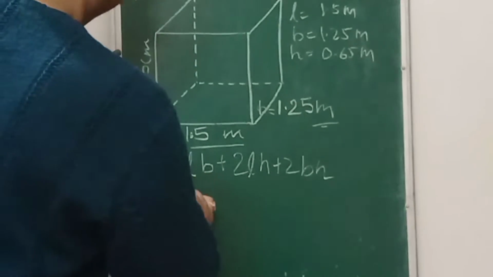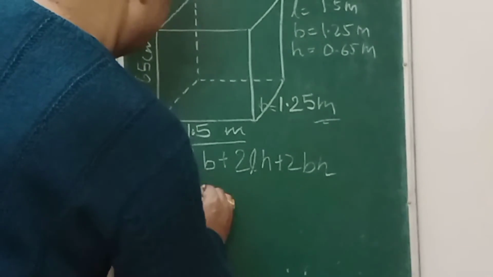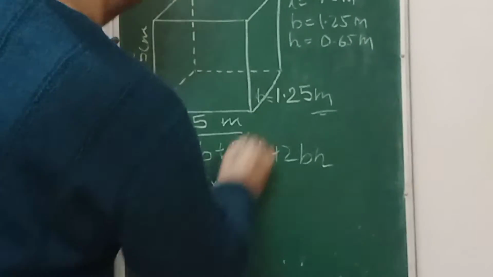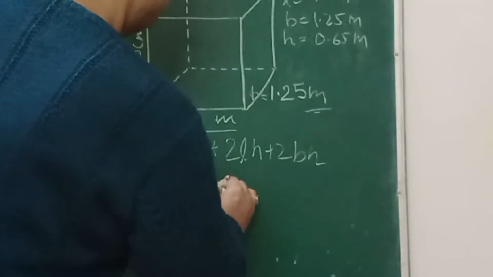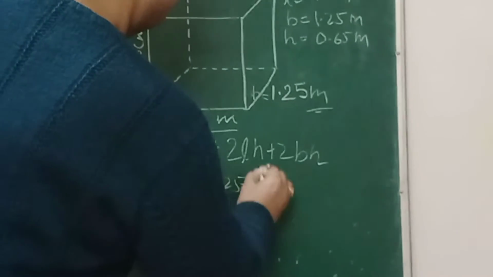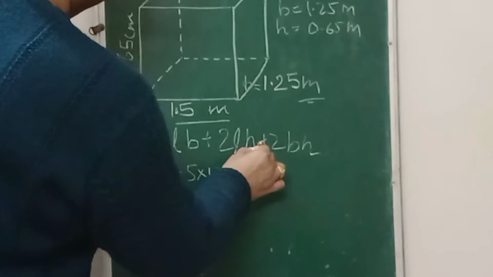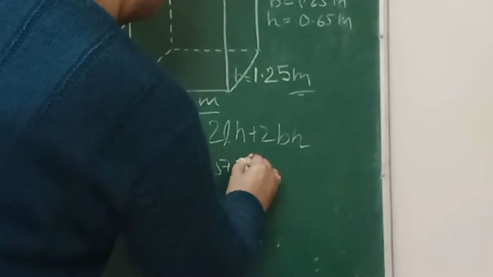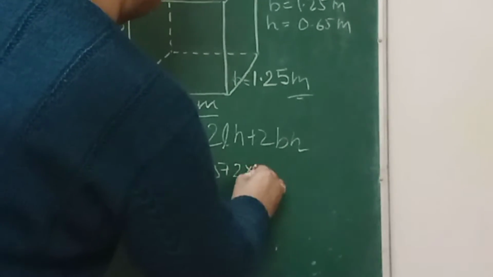Now putting L is equal to 1.5 and B is equal to 1.25 plus, you see here 2H is common, so we take 2 into H, 0.65, outside and put a bracket here, L plus B, so 1.5 plus 1.25.